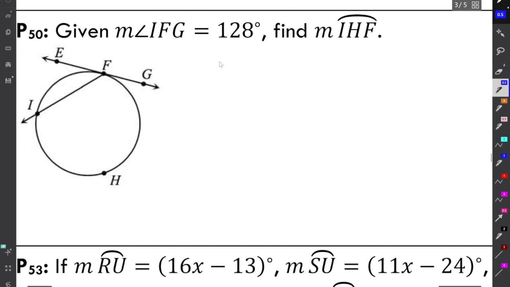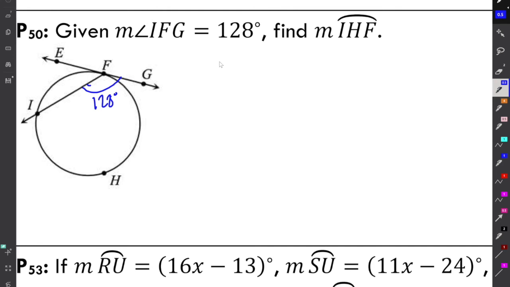50. Given that the measure of angle IFG, so this whole angle right here, is 128, find the measure of arc IHF. So we know, of course, that since it's a tangent and a secant intersecting on the circle, the angle measure right here is half the measure of its intercepted arc.